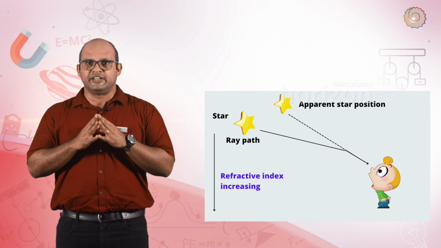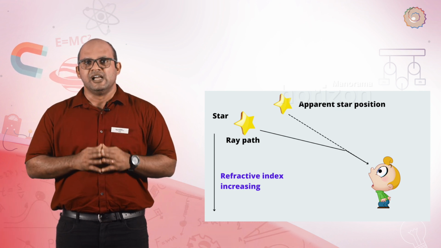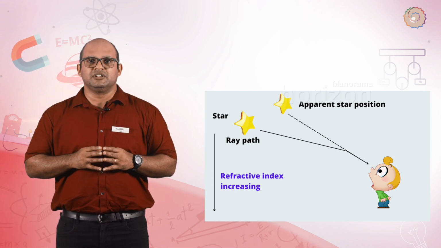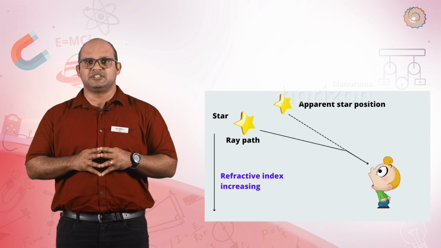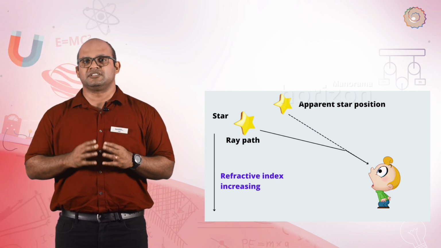The normal is created at the interface of the atmosphere and the vacuum. As a result, the bending of this light will cause the image of the star that we see to be slightly above the actual position of the star.